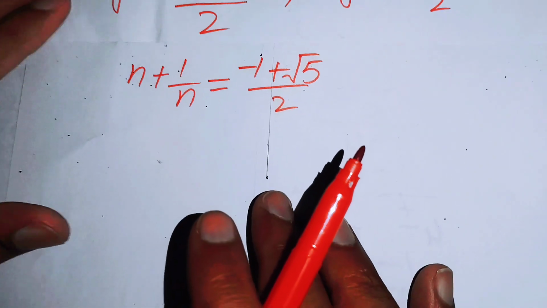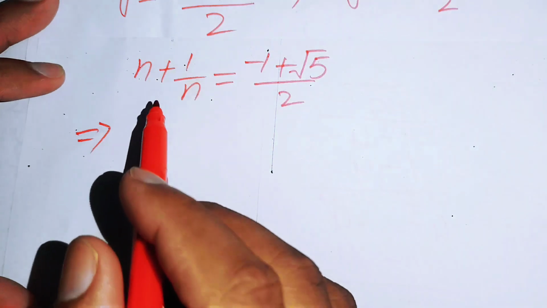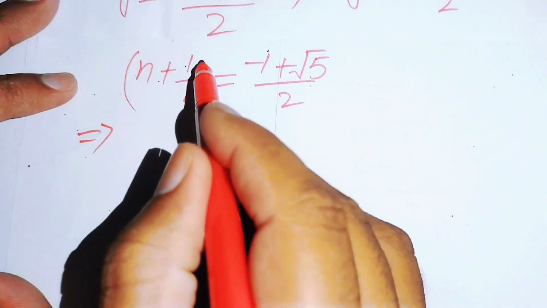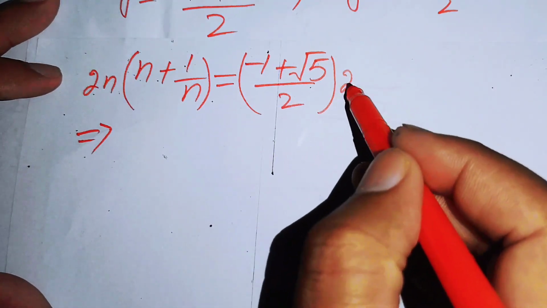Now I can first simplify this case, so here you can take the LCM, or you just multiply both sides by 2n. So now I multiply both sides by 2n.